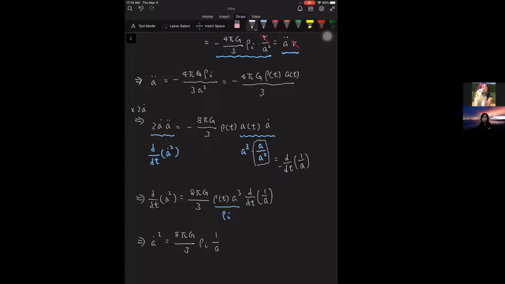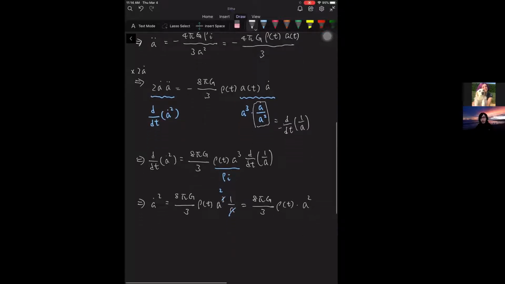And then if we convert back the rho i to rho of t times a cubed, then we can cancel out the a terms and get 8 pi G over 3 rho of t times a squared, right?